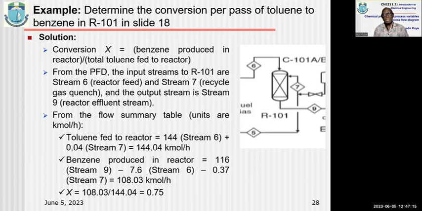So if we take a look at this, you will see that this is one of the inputs, which is stream 6, and this is another input to the reactor, which is stream 7.